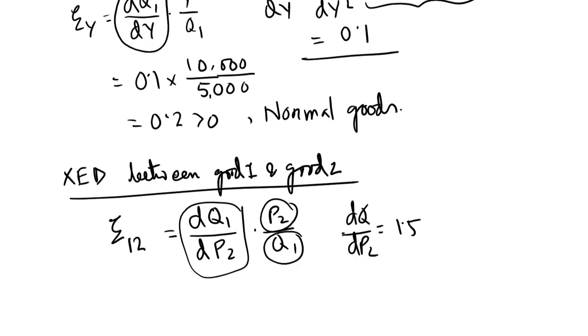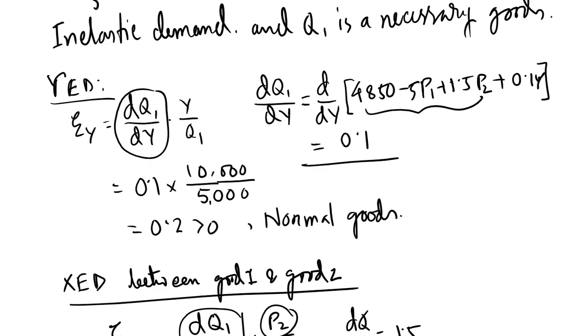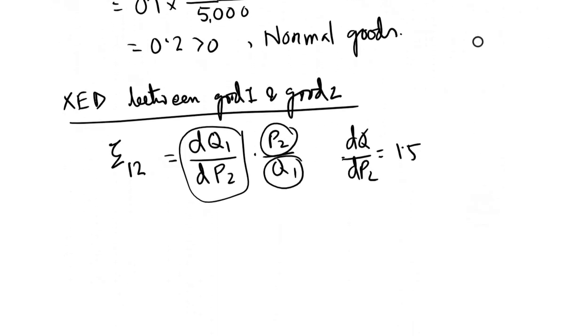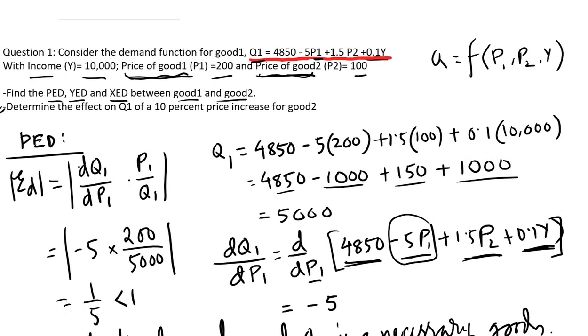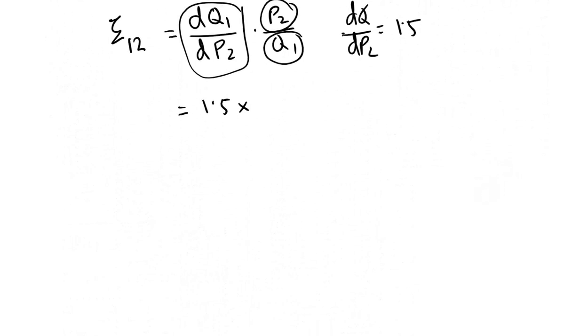This is exactly the same way we did the other two, so I'm not mentioning it here. So if I insert these values, 1.5 times P2, P2 is 100, divided by Q1 is 5,000, so 150 divided by 5,000, and we have a positive number.